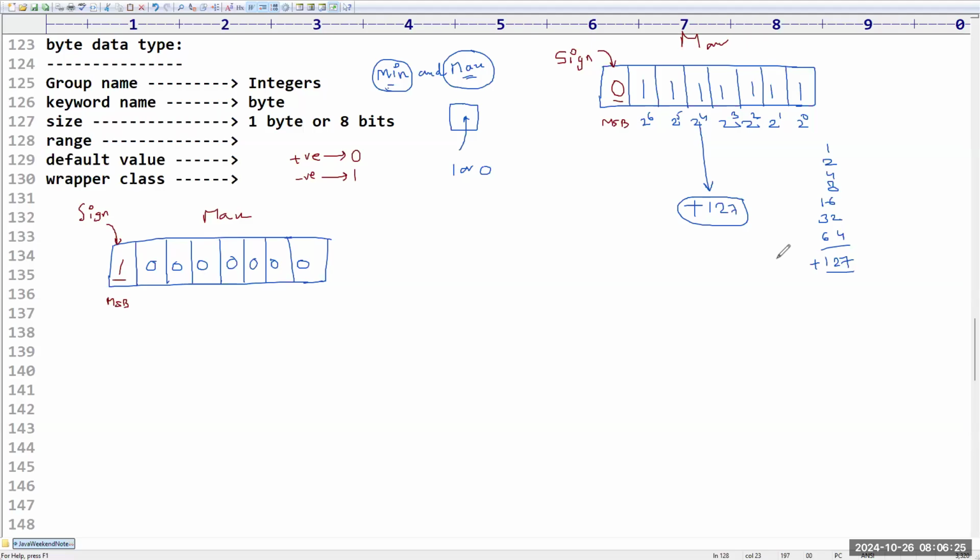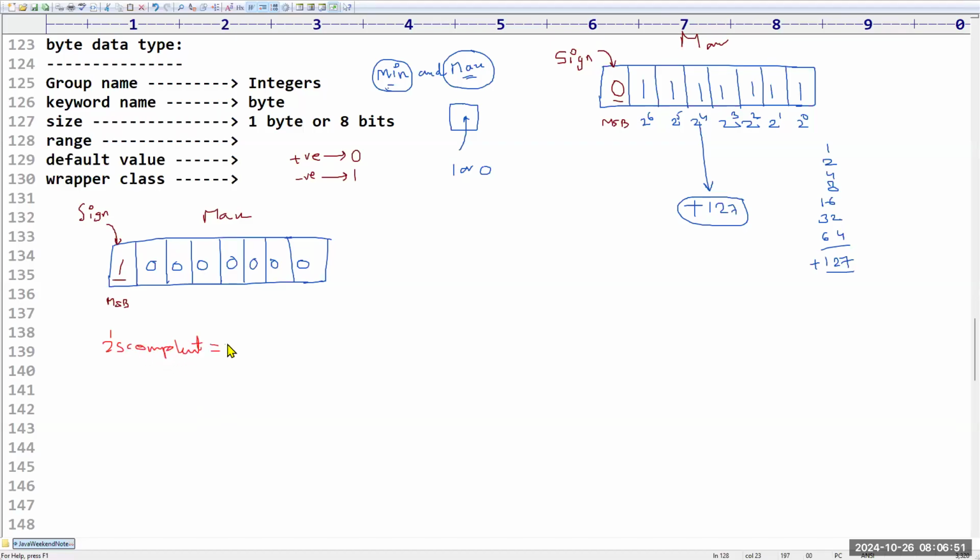Those who are unable to understand, don't worry, I will explain. Only this particular scenario is needed. Now you can see for negative, sir, directly you can't take. If a bit is negative, we have to take one special representation that is called 2's complement.